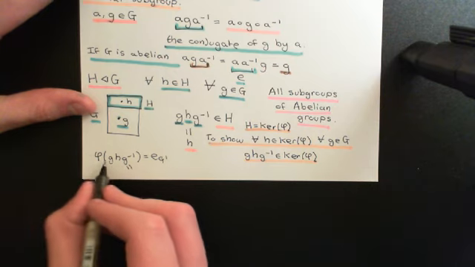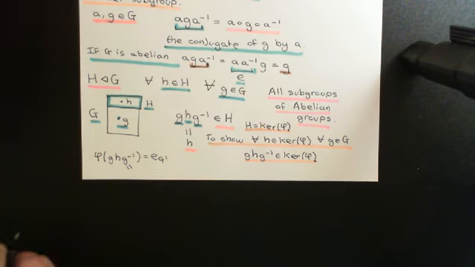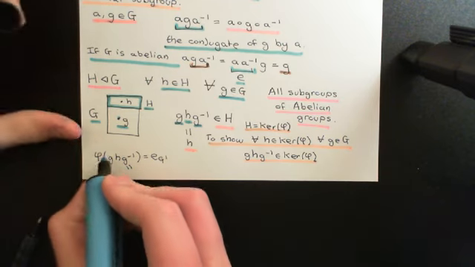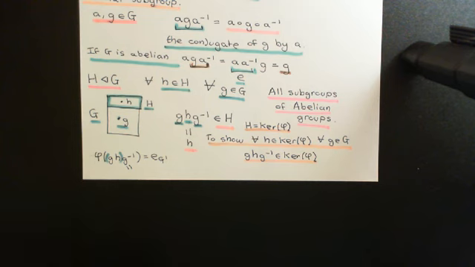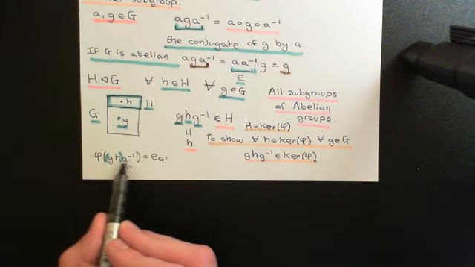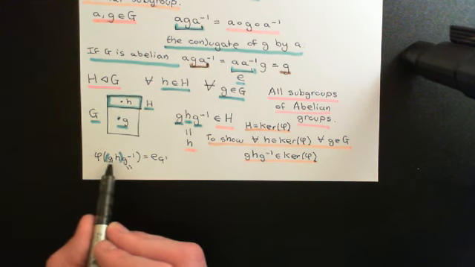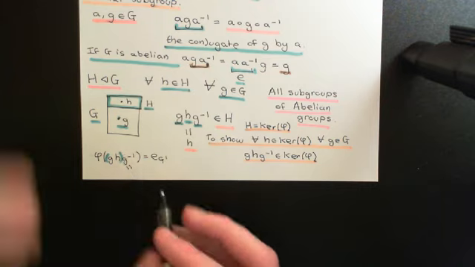So if I want to apply the property of homomorphisms to this, I could imagine putting some brackets in. I could put brackets around G and H there. Now I can think of this as the two things composed together here: GH composed with G inverse.